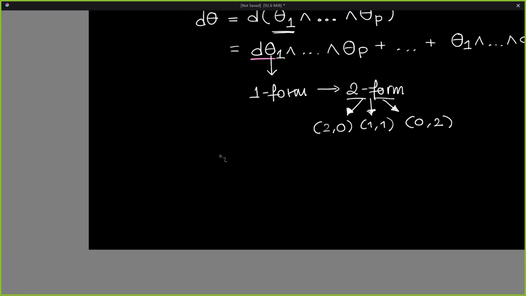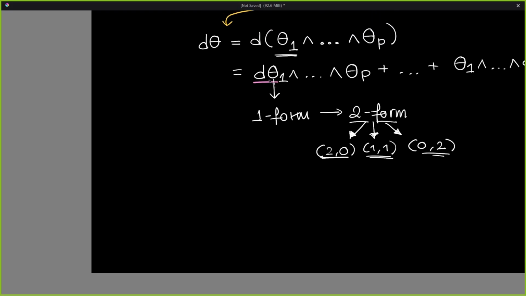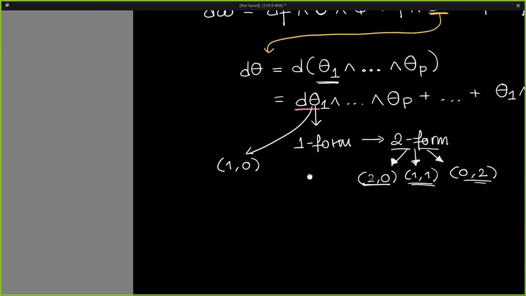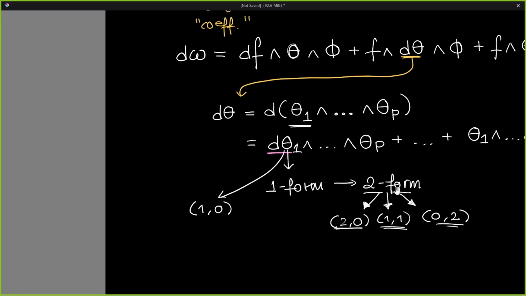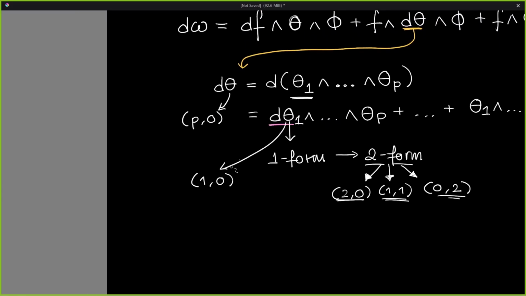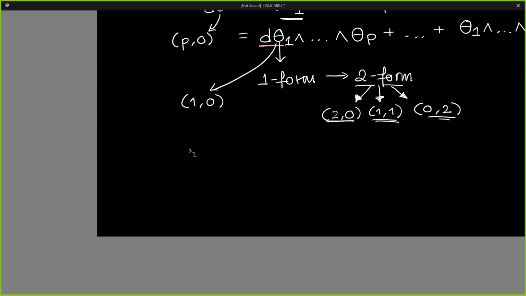So we need to figure out what grades these terms are going to be. These are the grades of the new terms, and we're going to lose a term that is a 1, 0 form, right? Because we already said that this is a holomorphic form. So if this is a holomorphic P0 form, then this is a 1, 0 form. So what kind of grades are we going to get?